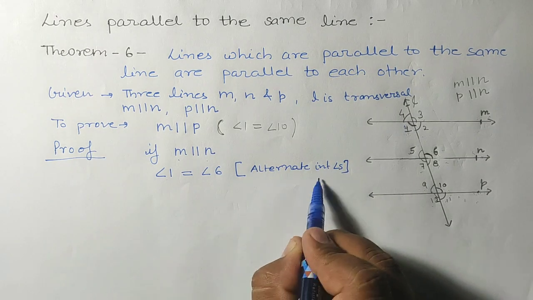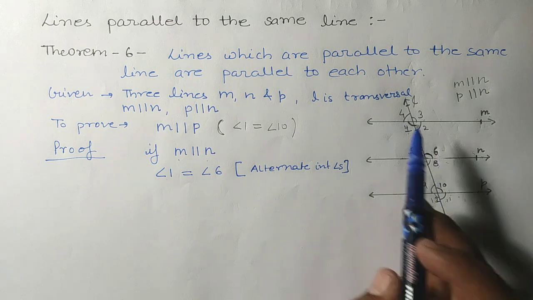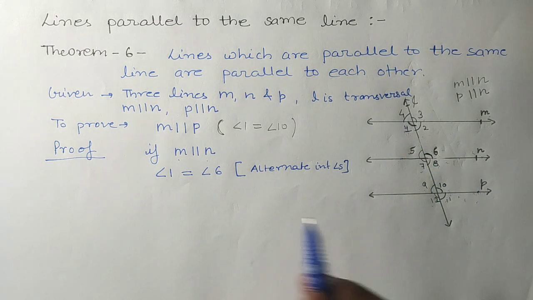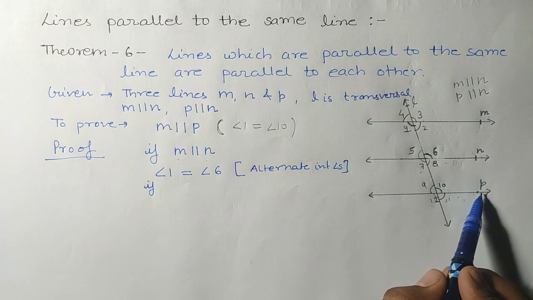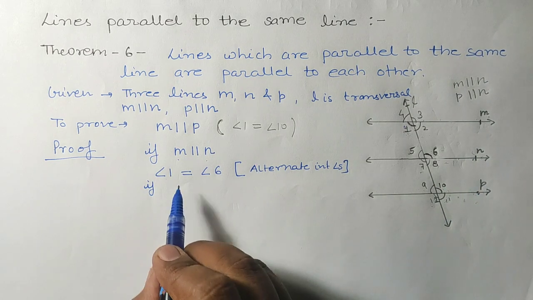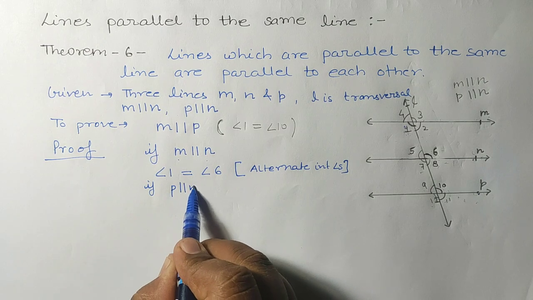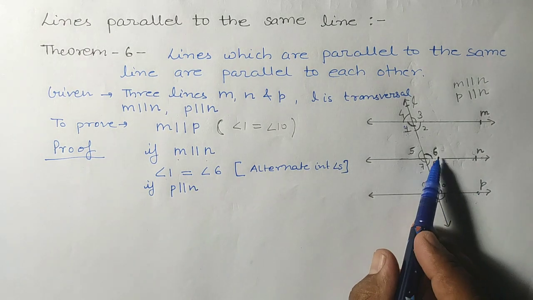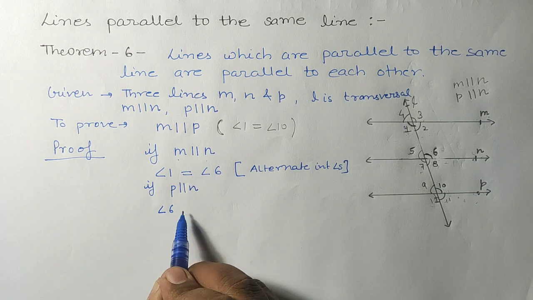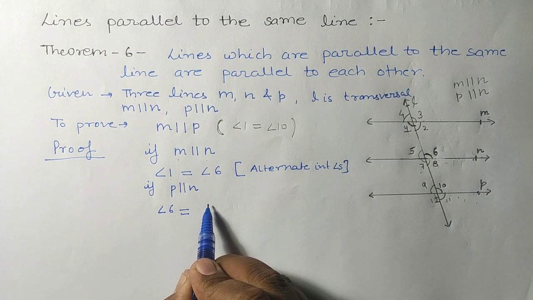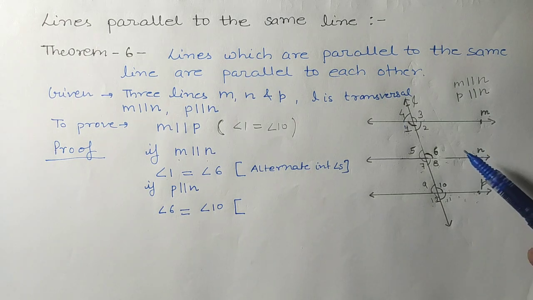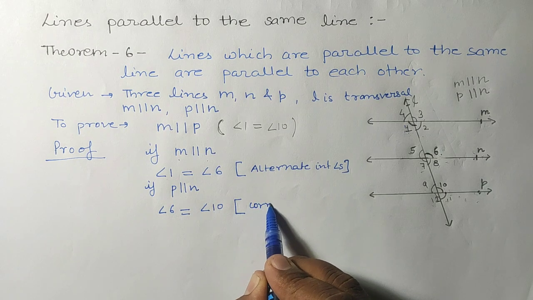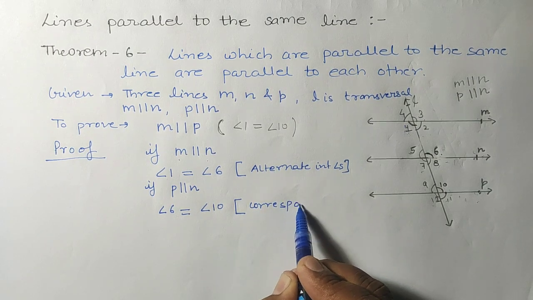These are the alternate interior angles, angle 1 and angle 6. And again, if this line P is parallel to N, then we can say that angle 6 is equal to angle 10. What is the reason behind it? Angle 6 and angle 10 are a pair of corresponding angles.